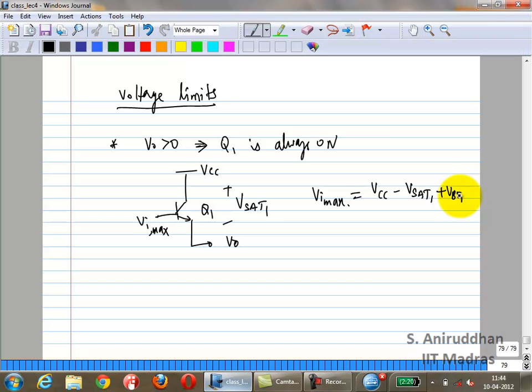Note that VBE1 is somewhere around 0.7 volts, VSAT could be 0.2, so in reality your Vi max can be larger than VCC. Okay? So at this limit, Q1 will move into saturation.